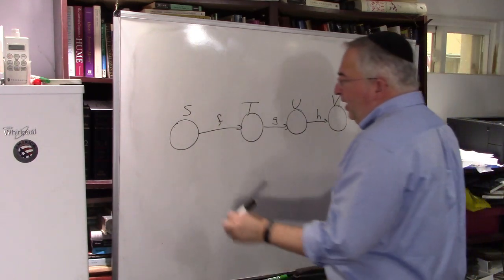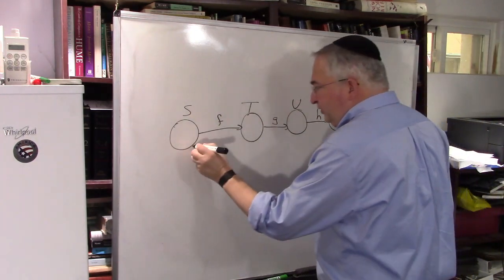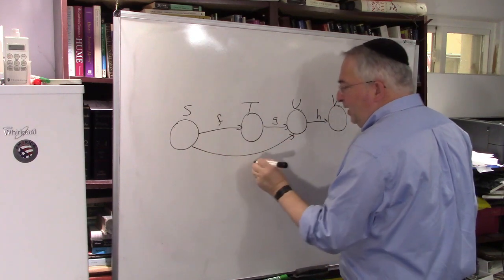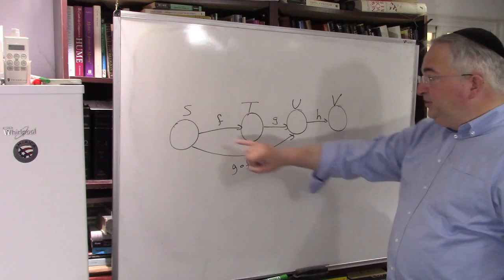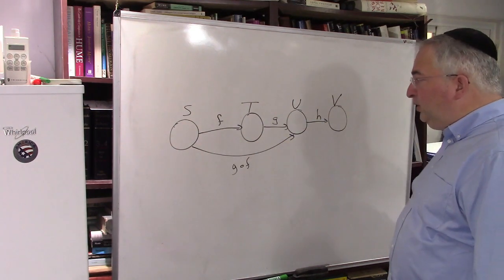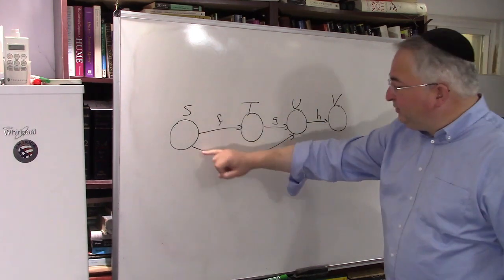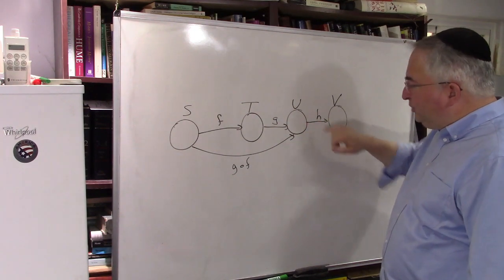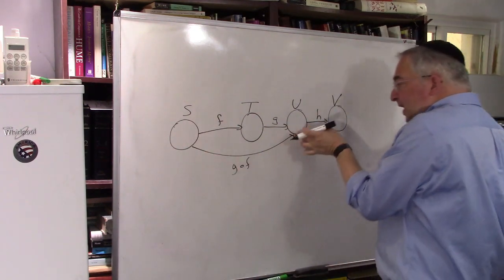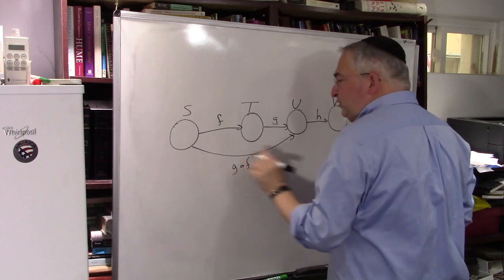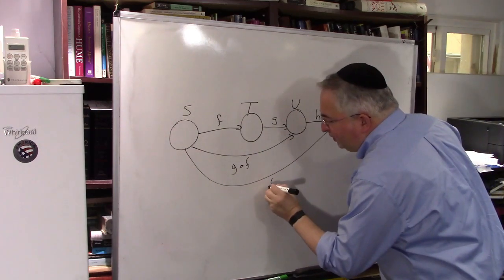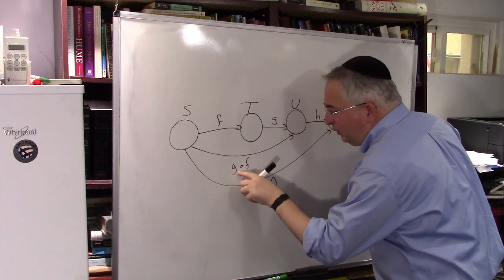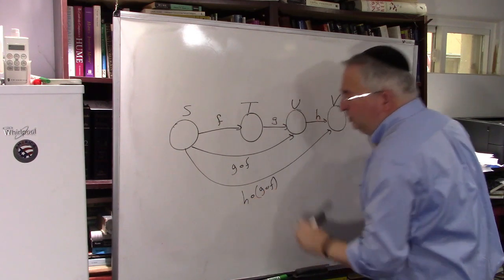Ready? I can compose these 2 functions, and we'll get f composed g. Now, this is a new function from S to U. Great. I can take this function and I can compose it with that function because they're one after another. So I can compose these functions, and I get f composed g, that's in parentheses, composed h. Very nice.